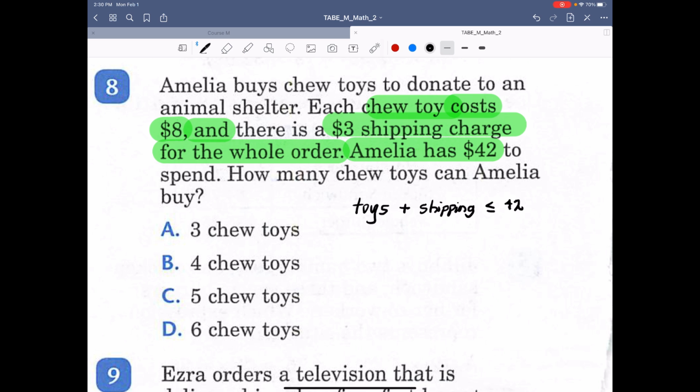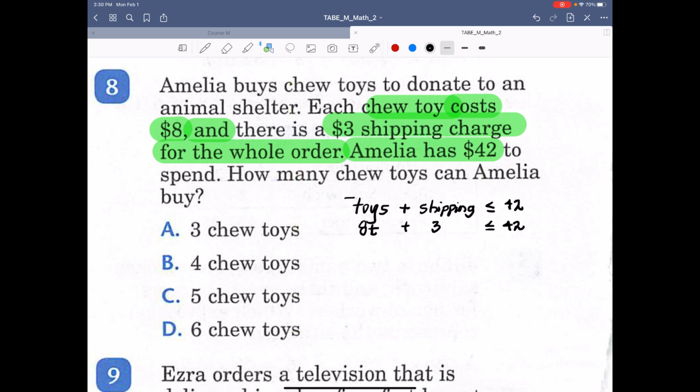So it has to be less than or equal to $42. We know that each of the toys is $8, but we don't know how many she's going to buy. I do know that the $3 is for the shipping and that it cannot be more than $42.